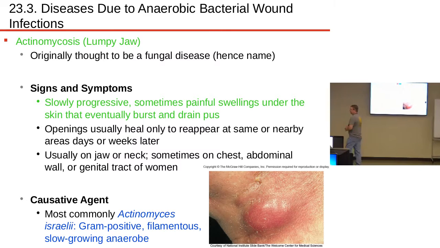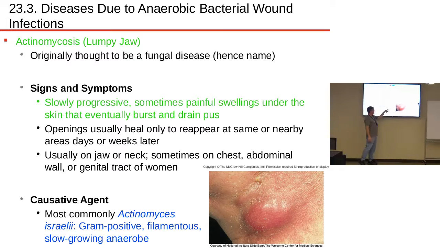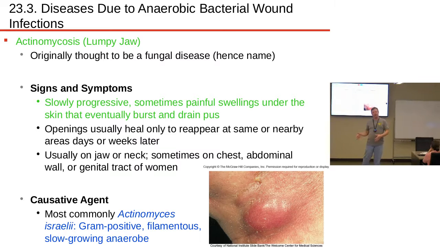The bacterium is Actinomyces israelii, and what's interesting about this particular genus of bacteria is that it's actually at the highest level in the hierarchy of prokaryotes. It actually has a lot of features that make it look like or act like a eukaryote, even though it's still prokaryotic.